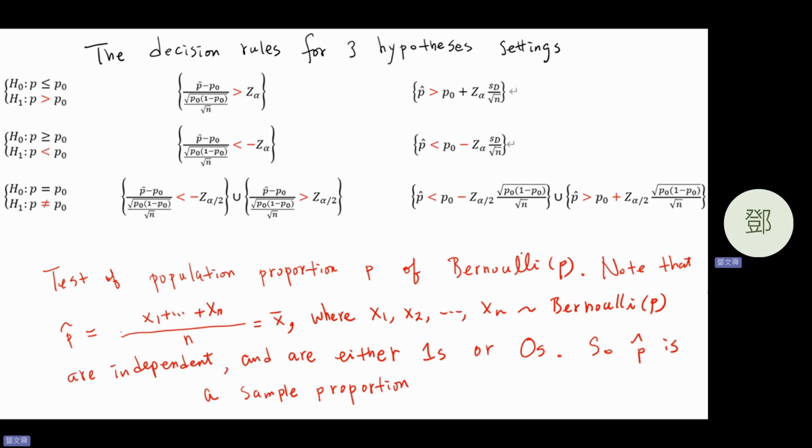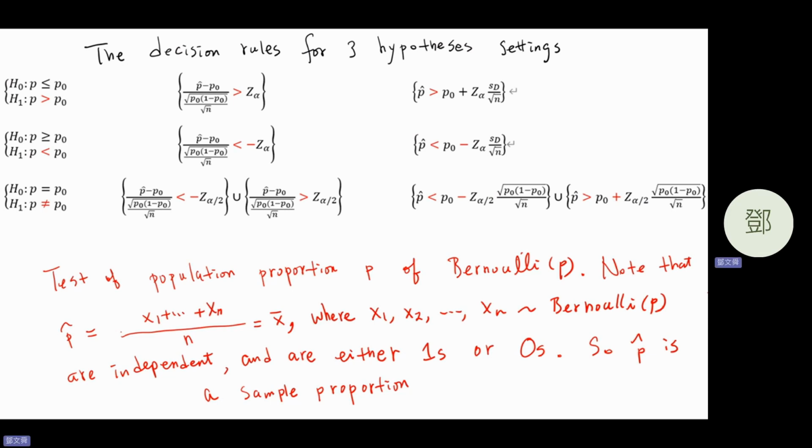So here we use the value under the assumption of H0. So it is p0 here, p0 here, p0 here, and so is the other two formulas.